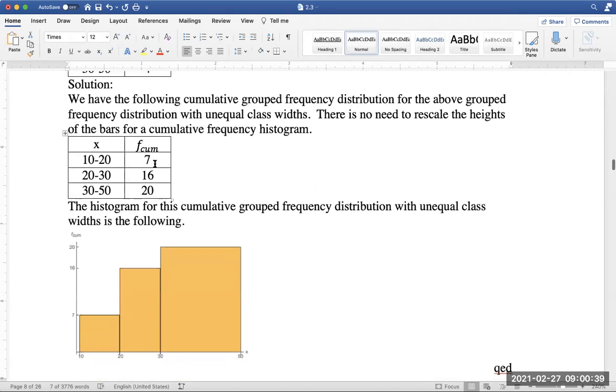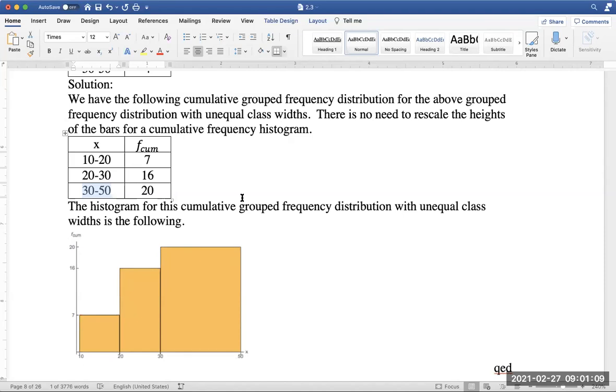I have here 7 between 10 and 20, so that means there are 7 numbers having values less than 20. So let's have that height here, 7. There are 16 numbers less than 30. For 20, there are 20 numbers less than 50, and so it should have a height of 20.